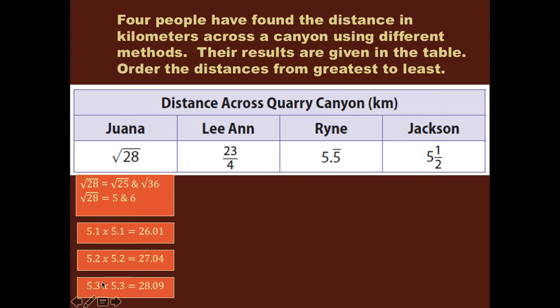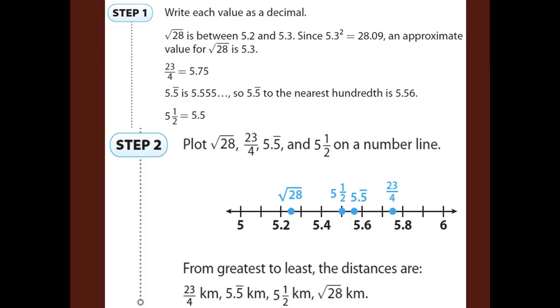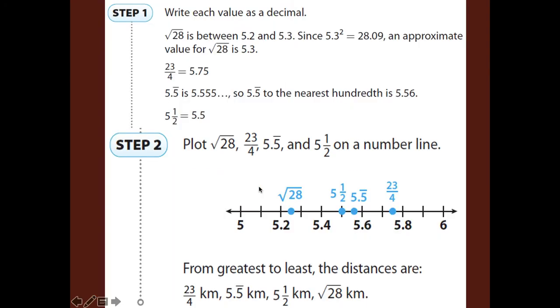So we are going to use the value 5.3. Then change the other ones into decimals. Then 5.55 we will take as an approximate value, or round it to 5.6. And 5 and a half will be 5.5. Now let us arrange them on the number line. So we know the values first will be 5.3, then 5.5, then 5.6 and 5.75. So in this way we are going to arrange them on the number line.